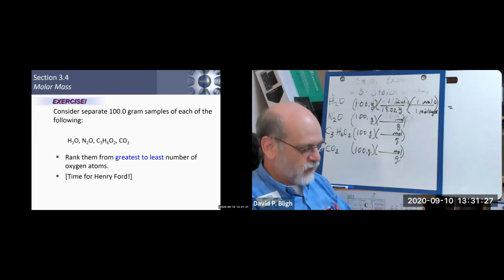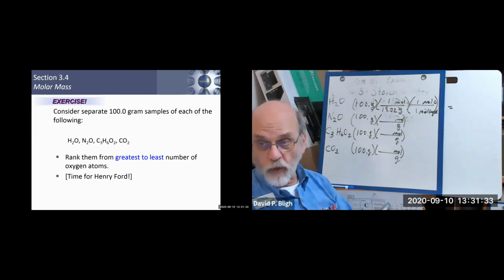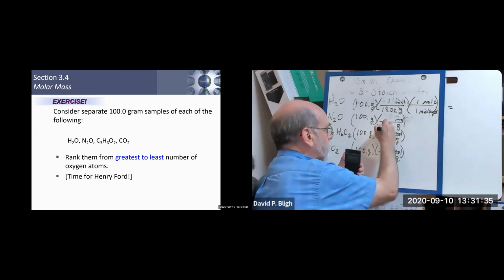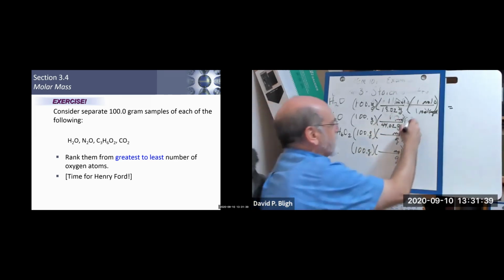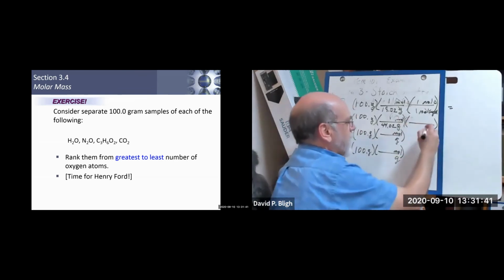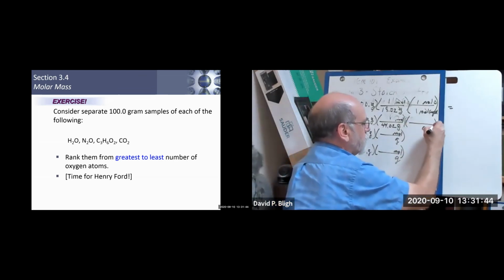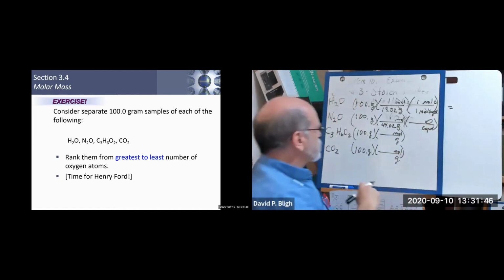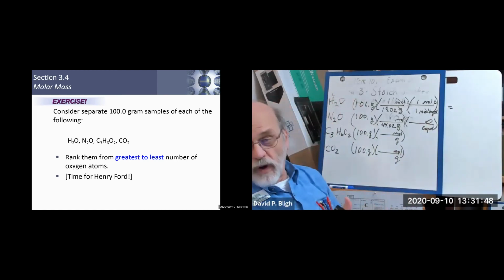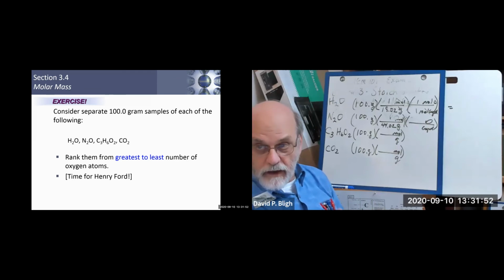So 14.01 times 2 is 28.02, and then plus what we had before is 44.02. Now, how about this one? What's the ratio? It's still 1 to 1, right? 1 mole of oxygen for every mole of dinitrogen monoxide.